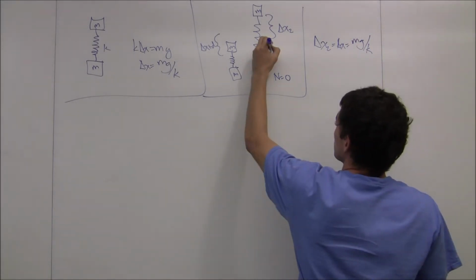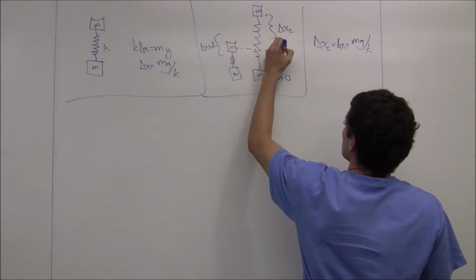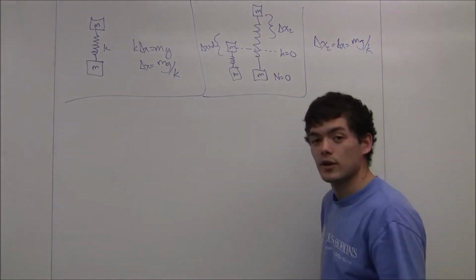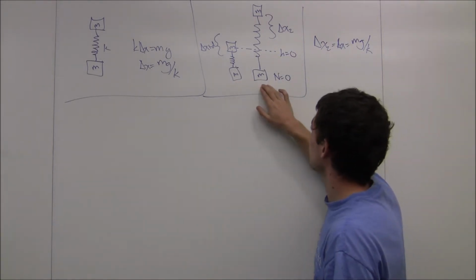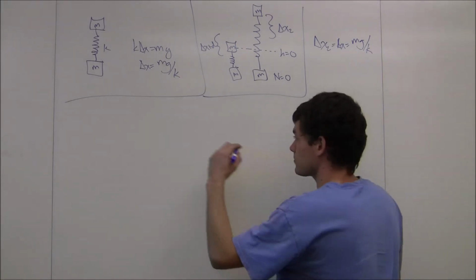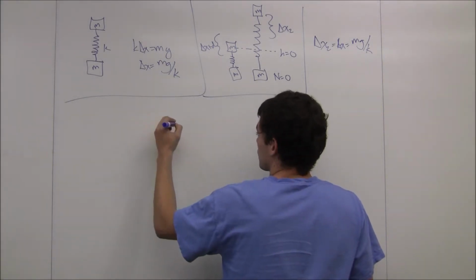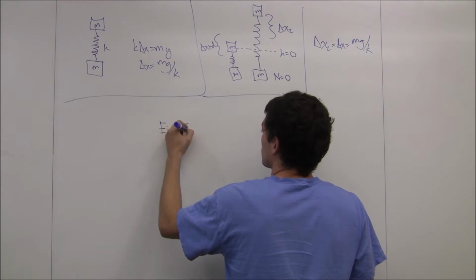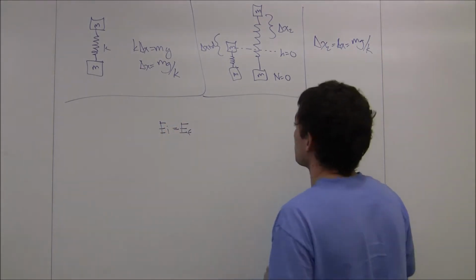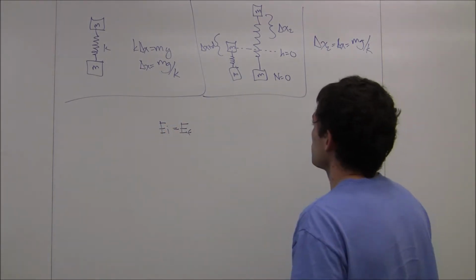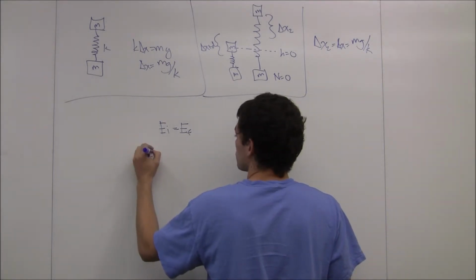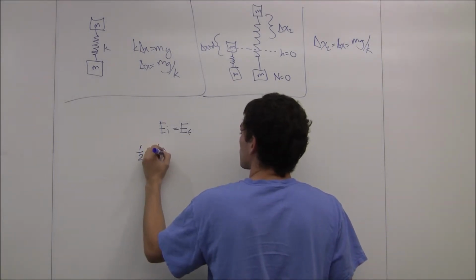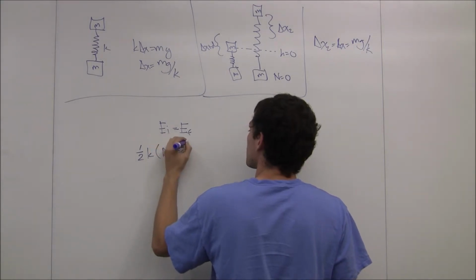Now what we're going to do is set this height to be 0, and we're going to conserve energy from this initial position to this final situation. And we can do this because both springs and gravity are conservative forces. So in the initial situation, we have the spring potential energy 1 over 2 k times delta x plus d squared.